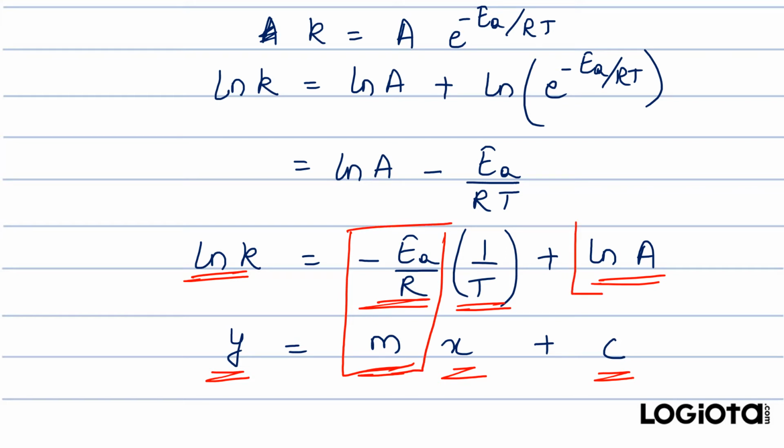And the intercept is ln of A. We make a plot between ln of k and 1 over T, where 1 over T is on the x-axis and ln of k is on the y-axis.